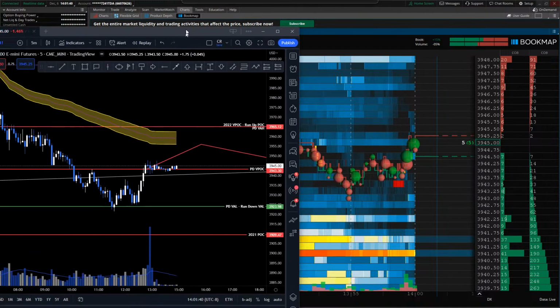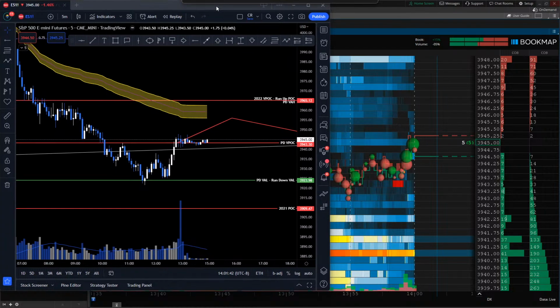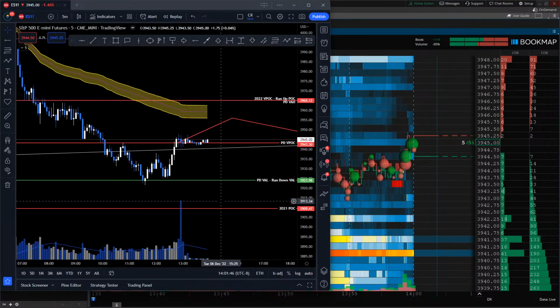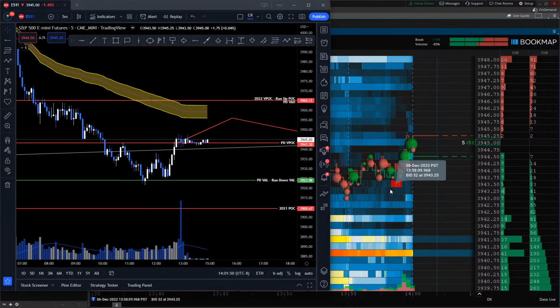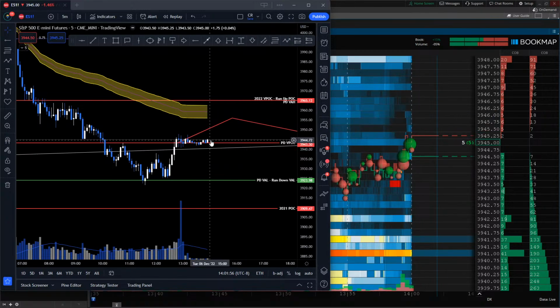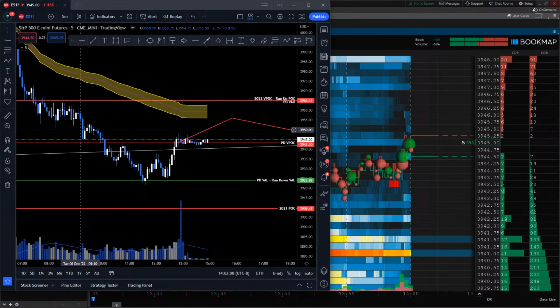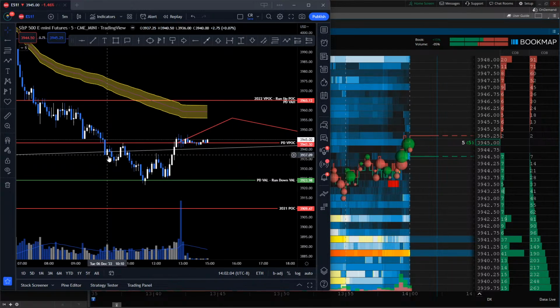And so when you combine Bookmap with the levels that you have from volume profile, these two combined create an insane scalper's paradise. If you trade SPX and you're coming up to a key level, like this previous day VPOC right here, we broke below and then retested it.